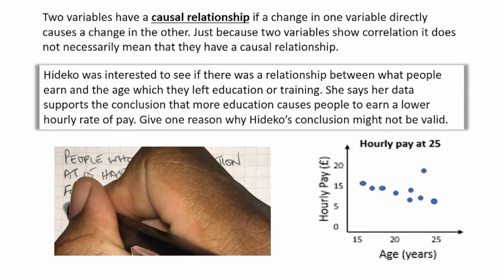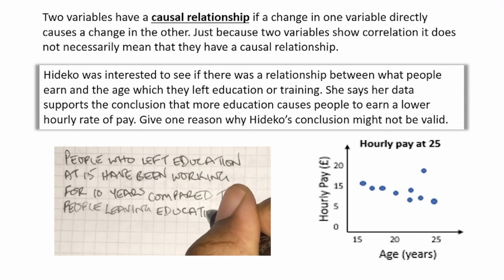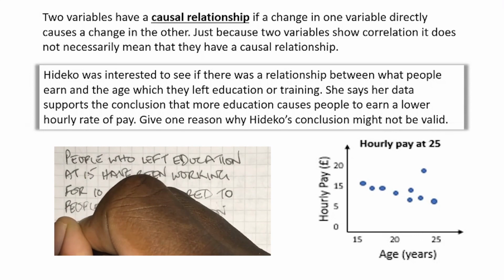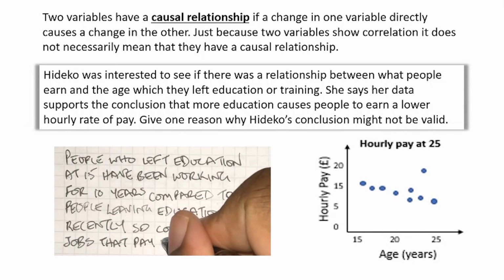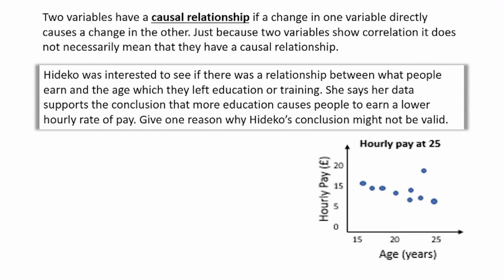So that may well be the reason why people who've left education within the last year are not getting paid as highly an hourly rate as people who left 10 years ago. So to sum that up, I'll just say that people who left education at 15 years old have been working for 10 years compared to people leaving education recently, so would have jobs that pay more.